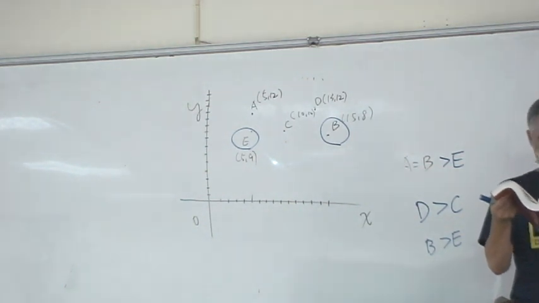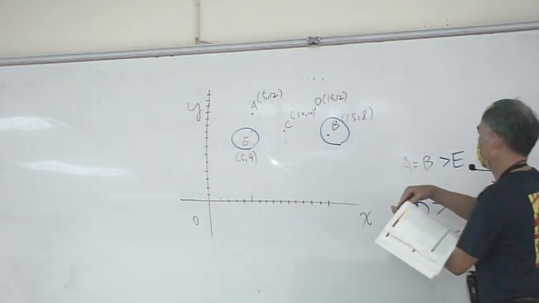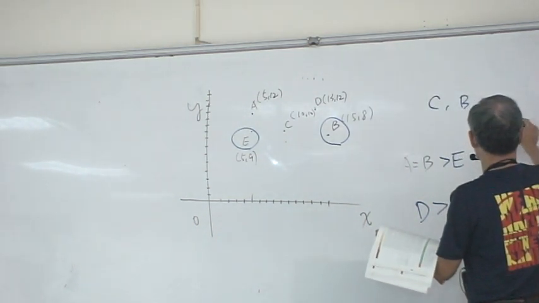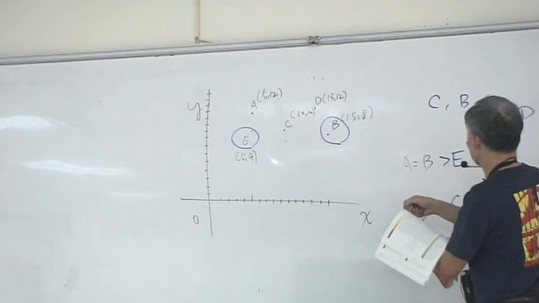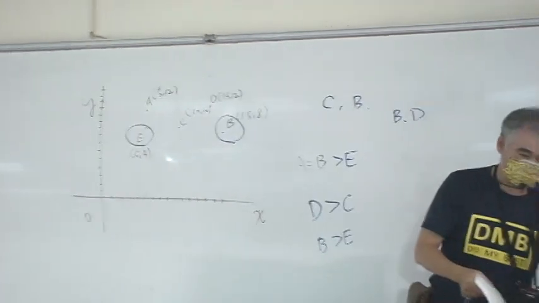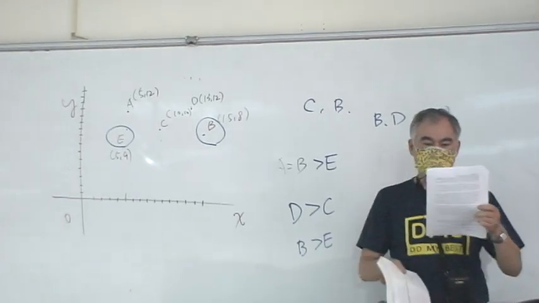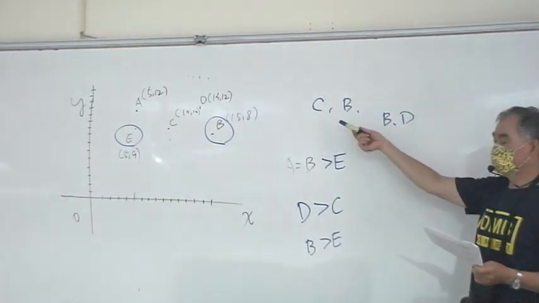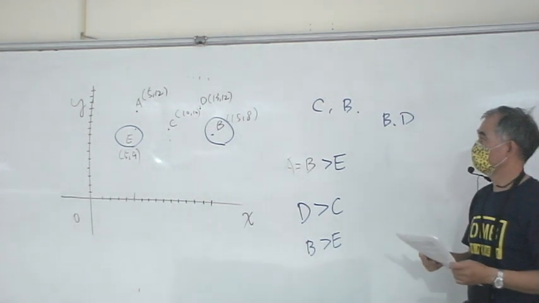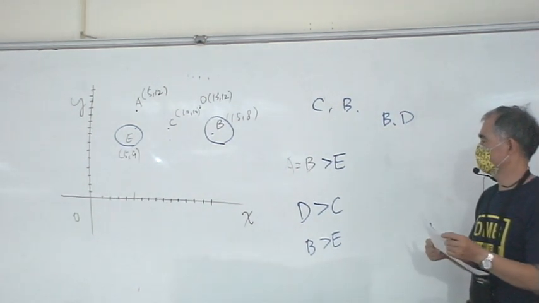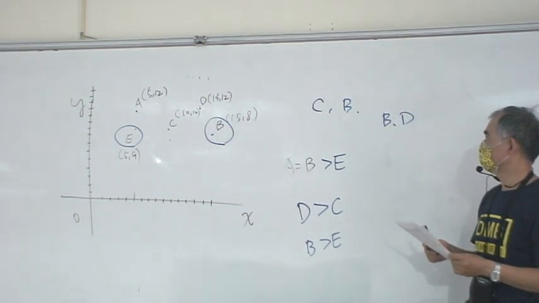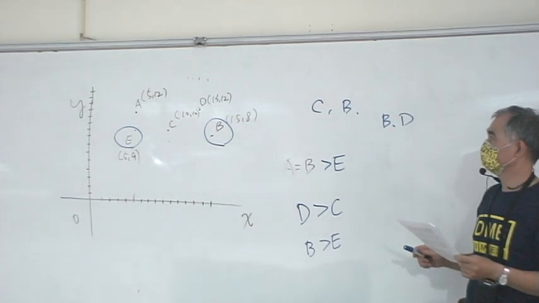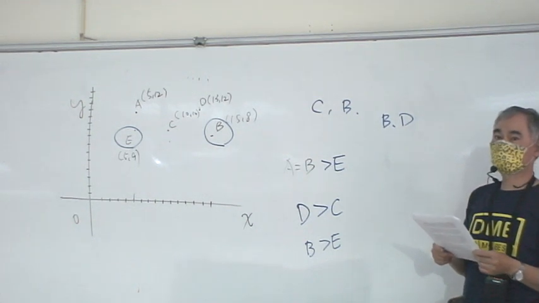And C and B, and B and D. Let us compare this. B and C. And B and D. How to compare them?